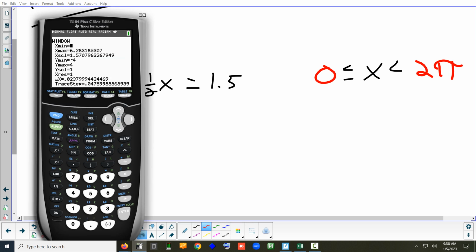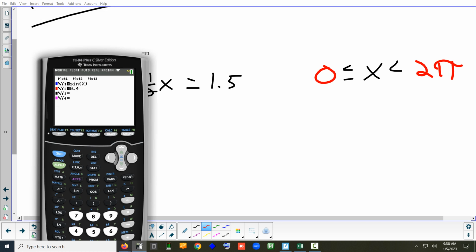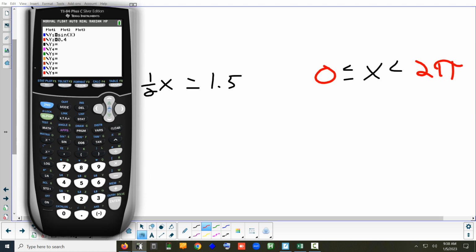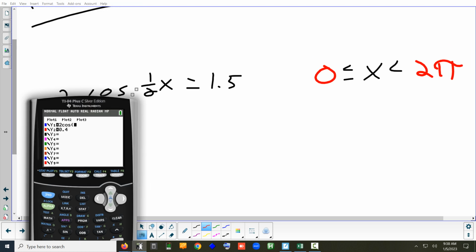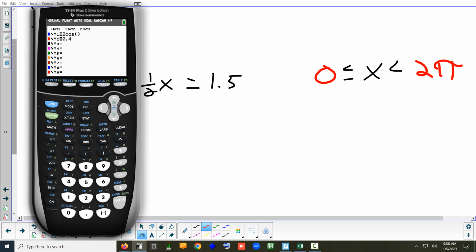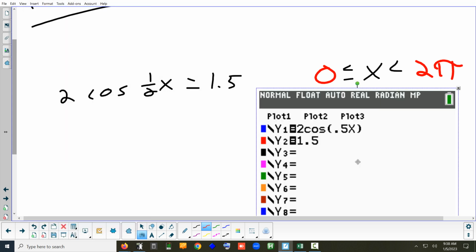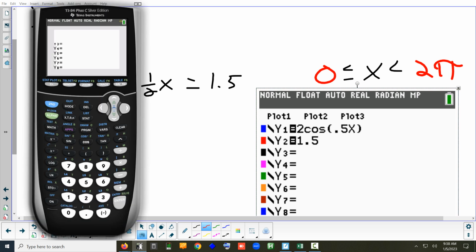Okay, window is already set from the last problem. 0 to 2 pi. Put in 2 cosine. For me on here, it's easier to type it in like this, 0.5x, and then 1.5. I would type it in just like that. Okay, and then we're going to look for all the places where it hits 1.5.